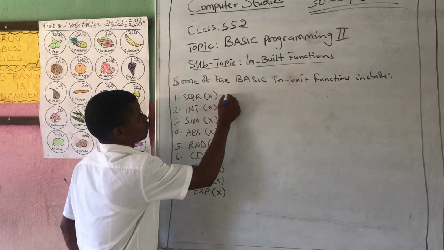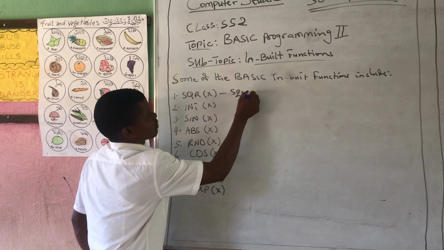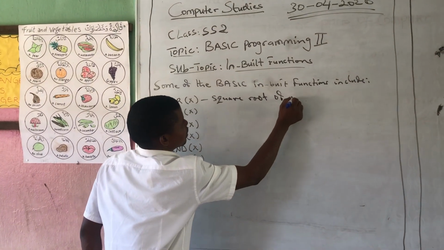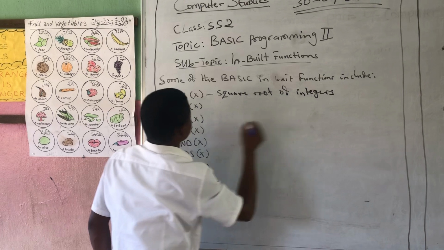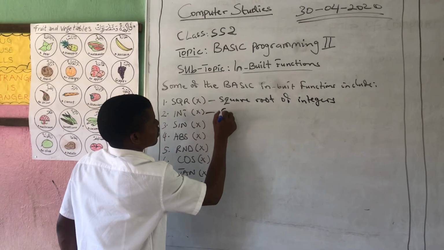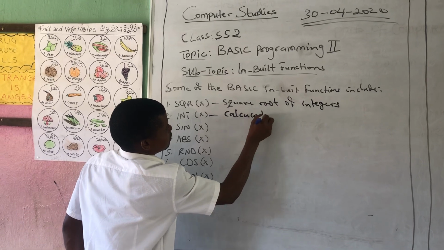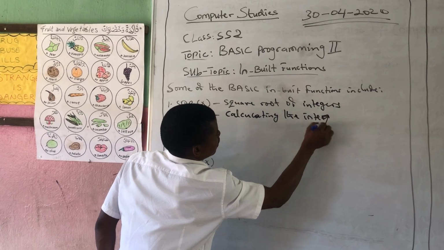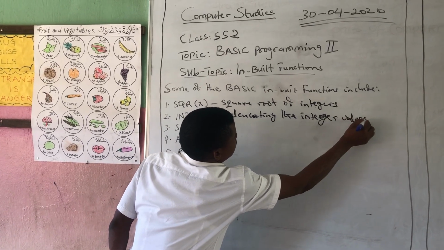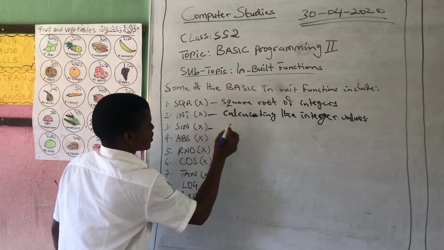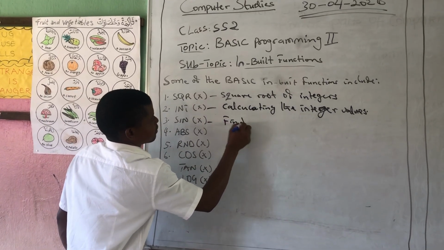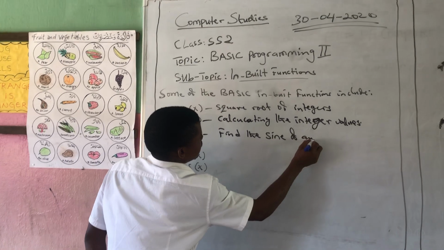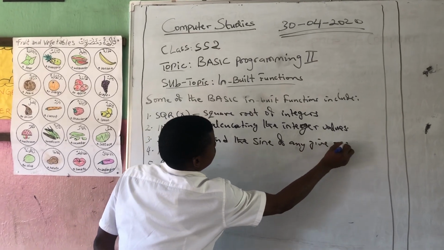I said this is for square root. It's used for finding square root of integers. This is for calculating the integer values of any given number. This is for finding the sine of any given angle.